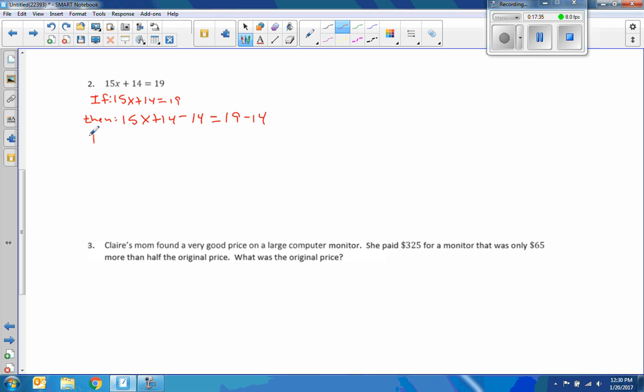Next step would be, if 15x plus 0 equals 19 minus 14, which is 5. 15x plus 0, this is my 0, equals 5. If 15x plus 0 equals 5, then 15x equals 5.